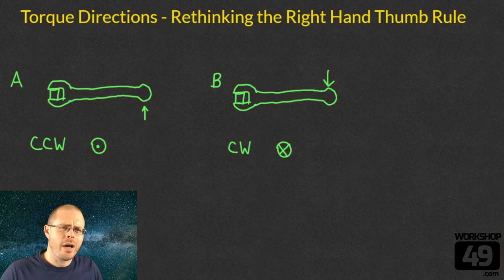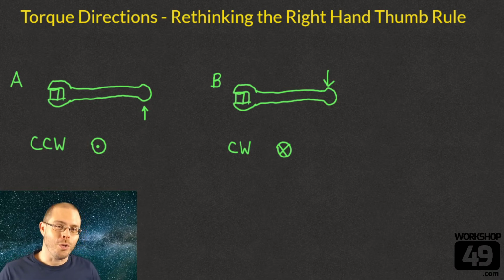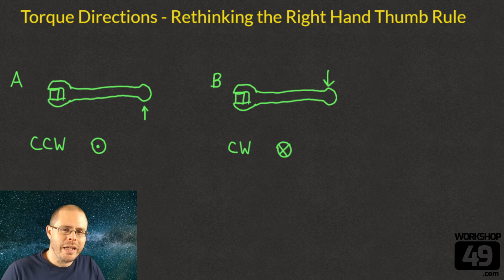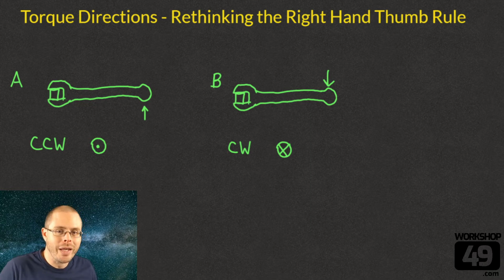One of the things I want to tell you about rethinking the right-hand thumb rule, maybe this works for you. It's one of the ways that I remember this. If something is going counterclockwise, you are loosening something. You are undoing something. And the way I remember it, if you're going counterclockwise, it's like undoing a clock. You're undoing time. Well, not really, but you're trying to.